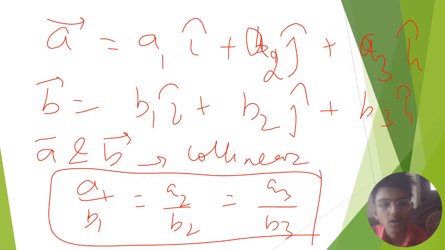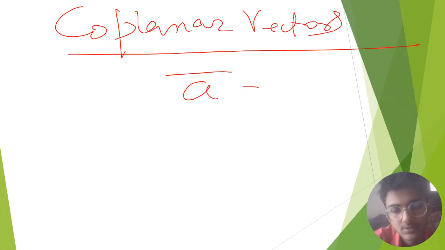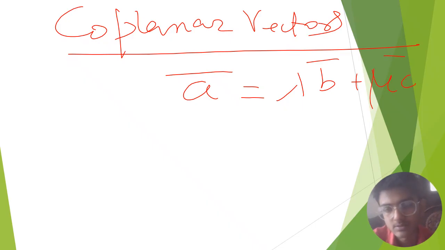Okay. Now talking about coplanar vectors. Coplanar vectors are those vectors which are in the same plane. So we can write it in terms of two scalar multiples like lambda and mu. We will discuss coplanarity of vectors in scalar triple product in more detail.